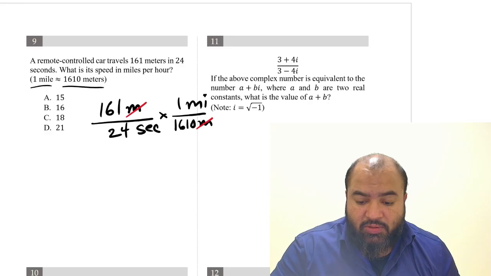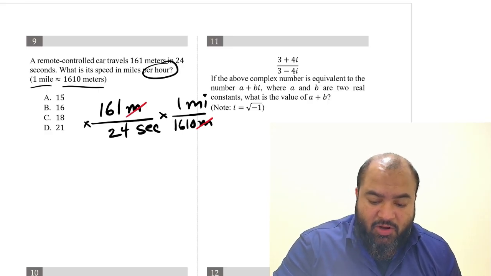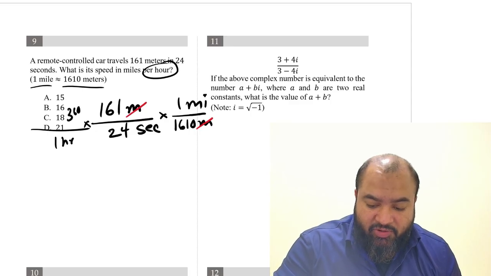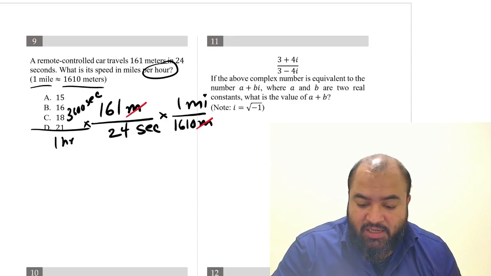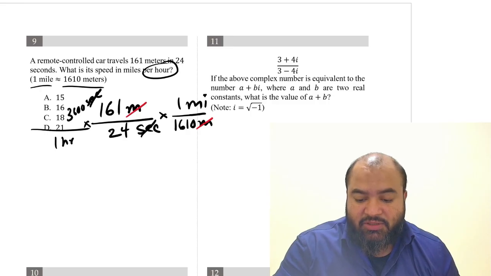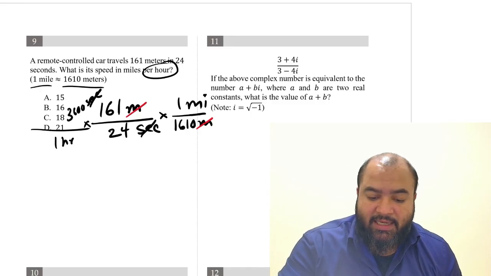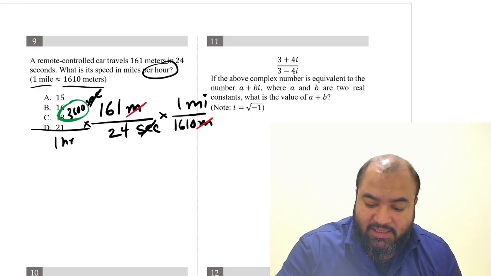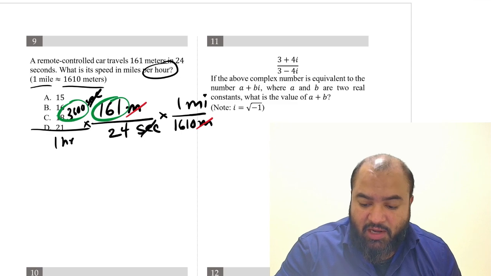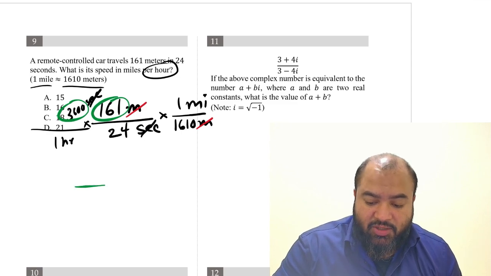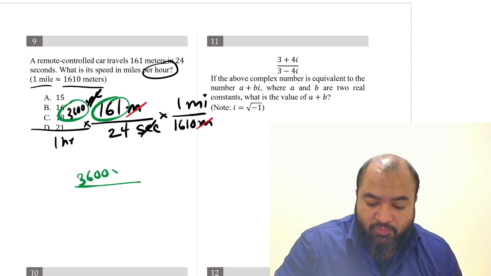Now they want it in terms of hours, they don't want seconds either. So I can multiply also that 1 hour is equivalent to 3600 seconds. In that way the second will now cancel out. You see, one in the numerator and the denominator. So technically all I have to do is multiply this 3600 with 161, and that will be the numerator, and the bottom will be 24 times the 1610.